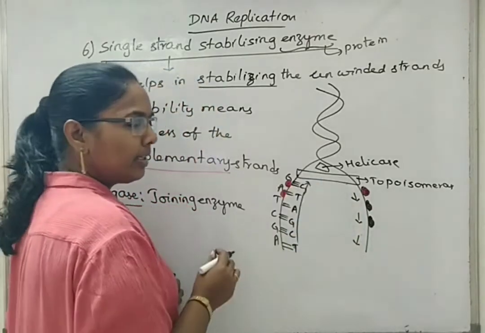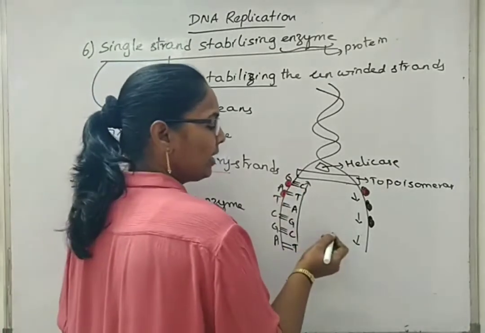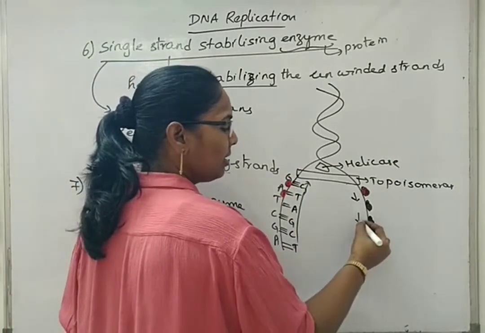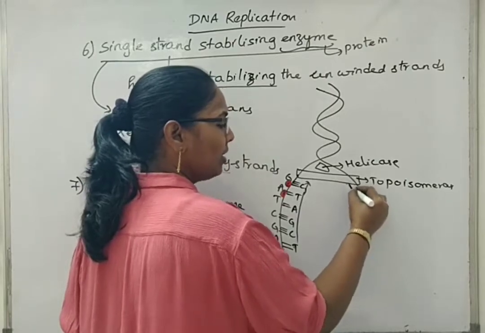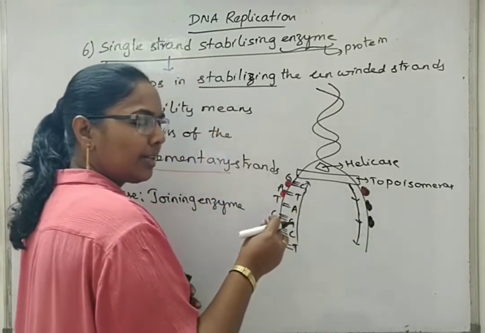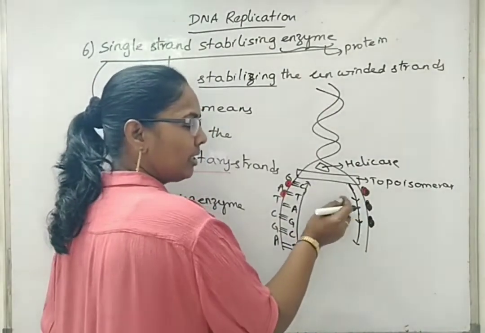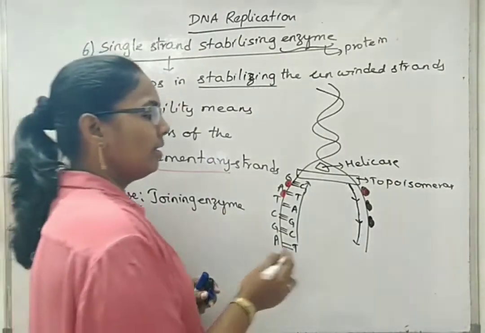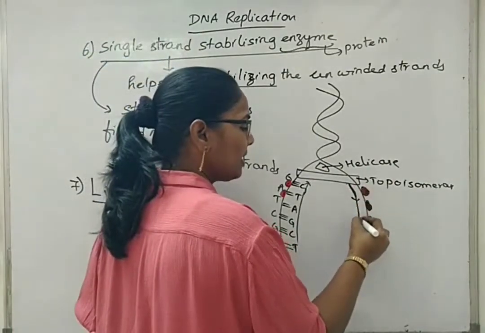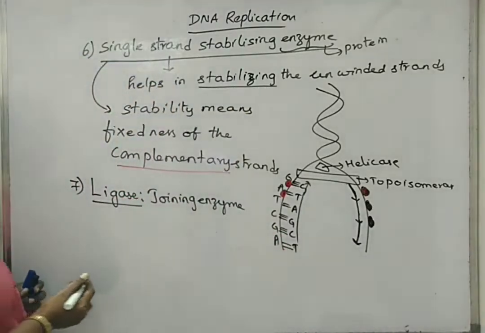Then a gap is created. We are telling it helps in filling that gap. So DNA polymerase allows the ligase enzyme to come and fit here, so that all the pieces of the Okazaki fragments, what we call, or the pieces of DNA will be attached one with each other with the help of ligase enzyme. And that support of the ligase enzyme is given by DNA polymerase 1.